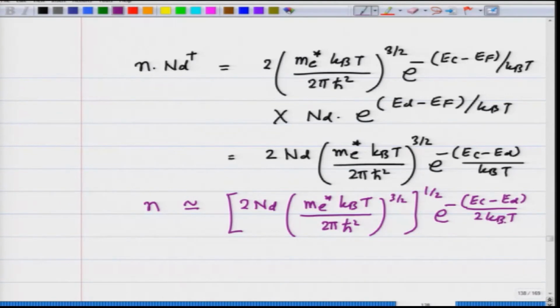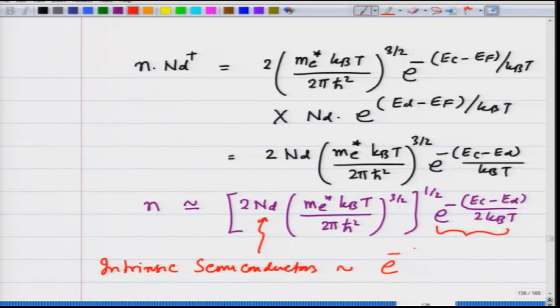You see, this calculation is exactly like what we did for intrinsic semiconductors, except now I get this factor of Nd here, rather than the expression for the hole, because all the holes are coming from the donor level. And this is the proportionality term for the temperature, which in the case of intrinsic semiconductors was e raised to minus (Ec minus Ev) over 2 kBT. So, that Ev has now been replaced by E donor.